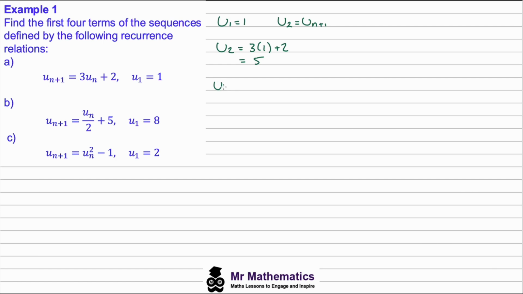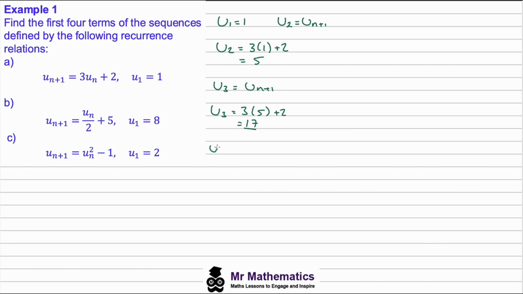Then the next term, u3, this is where the n will equal 2. So u3 will be 3 lots of u2, which we've just worked out as 5, plus 2. So this will work out as 15 plus 2, 17. Okay?